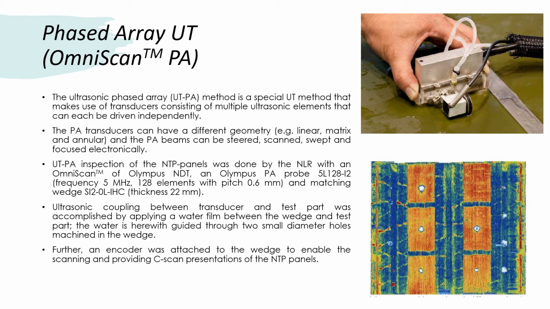Further, the encoder was attached to the wedges to enable the scanning and provide the C-scan presentation on the NTP panel. So here is the machine, the OmniScan TMPA, which is used for the phased array ultrasonic testing, and here is the C-scan image of this composite beam.